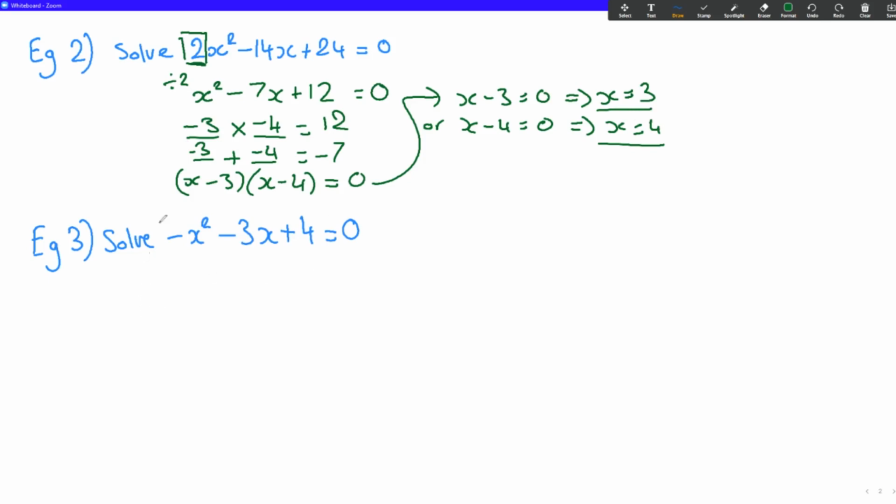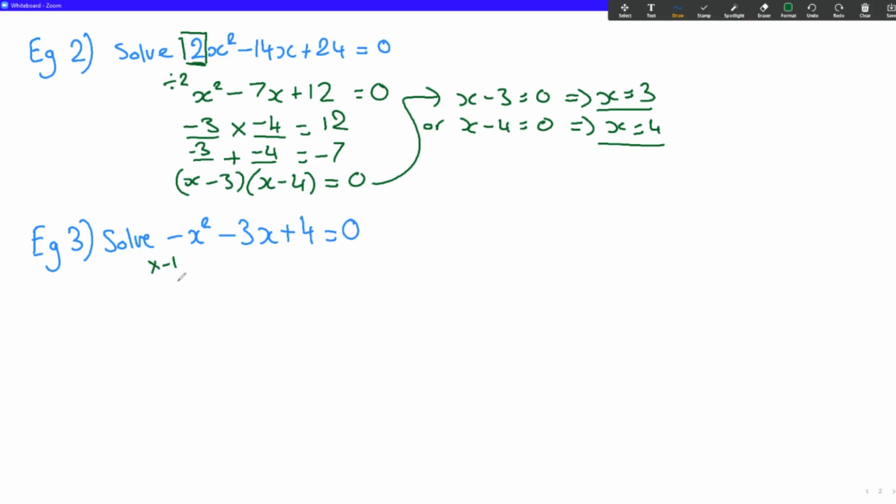Right, now for this one, again, we haven't got a 1 here. We've got a minus 1. But thankfully, we can use a similar process. We can divide, or in this case, we can even just multiply by minus 1. Now, if we multiply everything by minus 1, when you multiply by minus 1, you just swap the signs of the term.